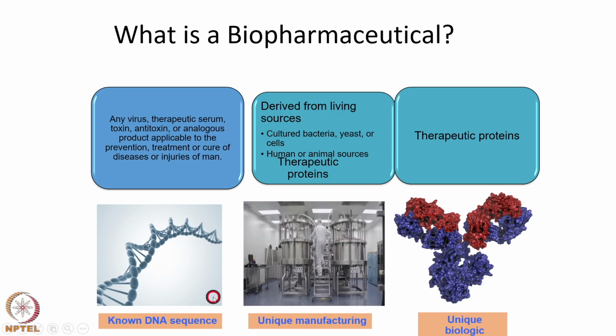You should be aware that biologics are protein, peptide and monoclonal antibody based drugs, and you have to go from a known DNA sequence. Any virus, therapeutic serum, toxin, antitoxin, analogues, all of those which are used for treatment, prevention and cure of disease can be classified as biologic drugs, coming from a biological source.